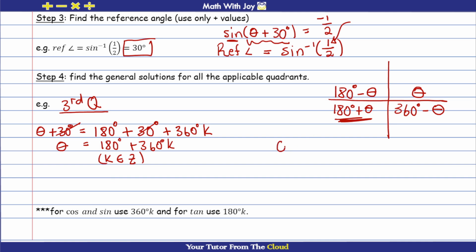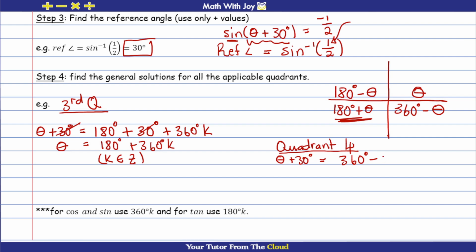So for quadrant 4, we'll say that that angle of ours, which is theta plus 30 degrees in this case, is equal to, now we remember our reduction angle looks like 360 degrees minus theta. In this instance, we're going to minus the reference angle.